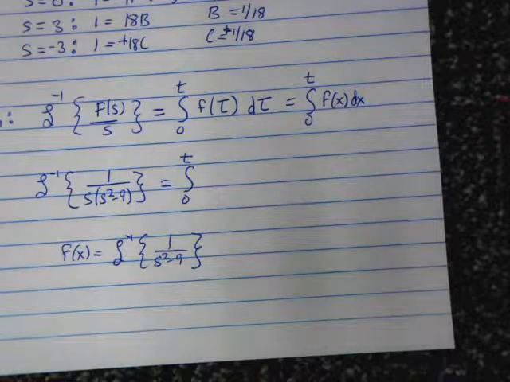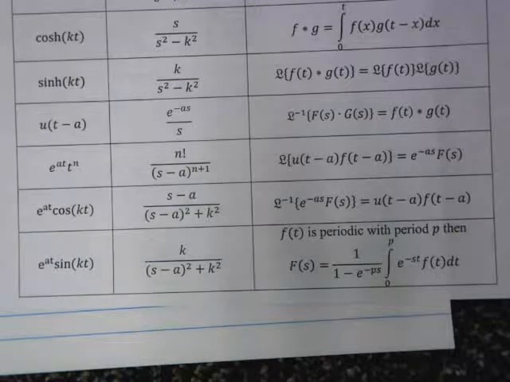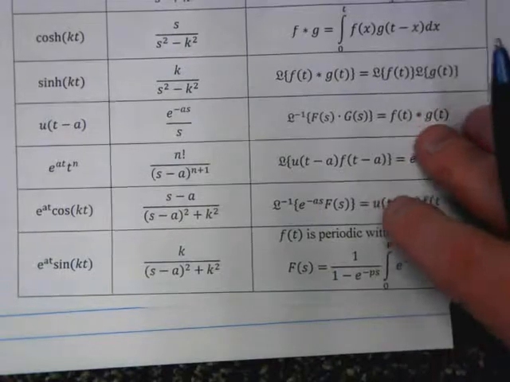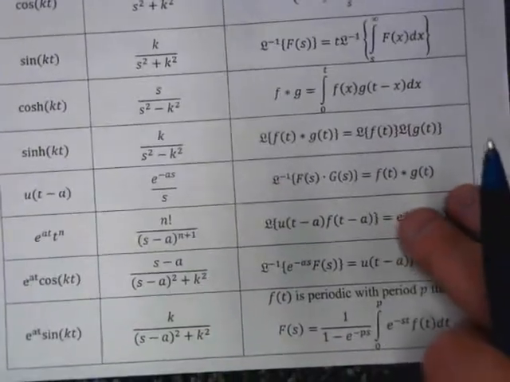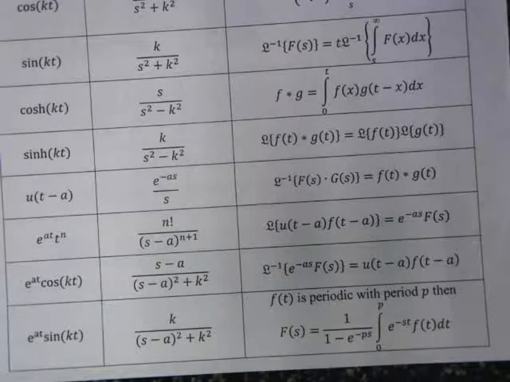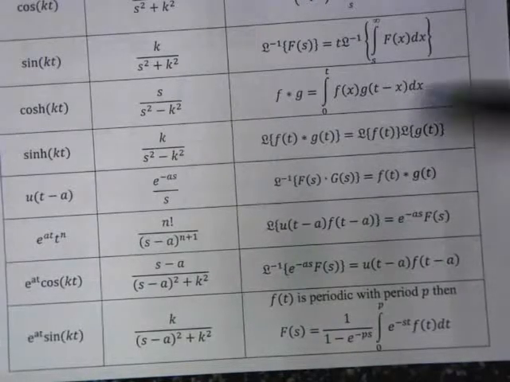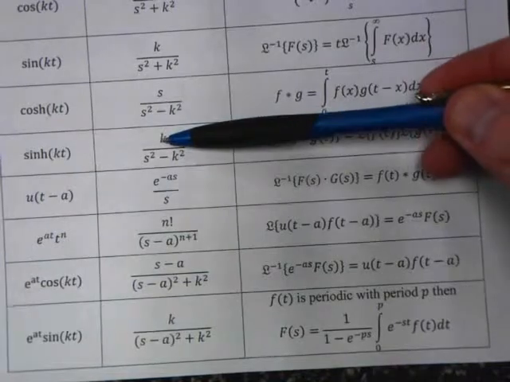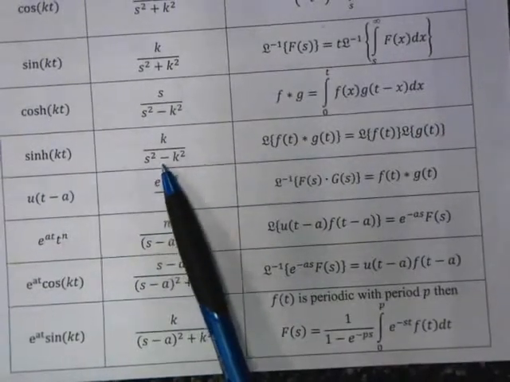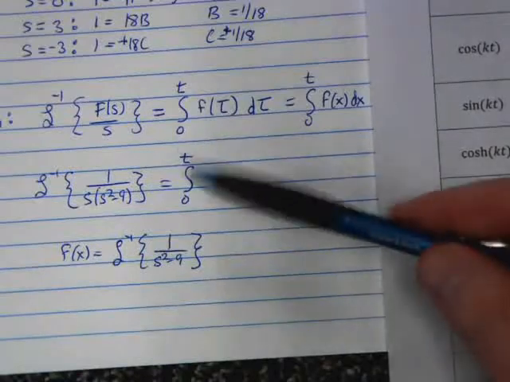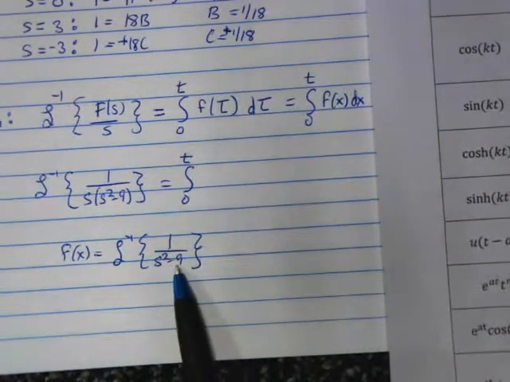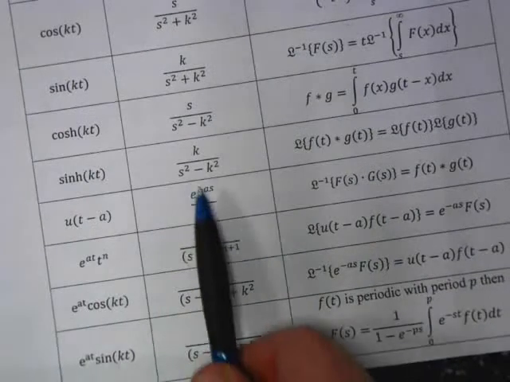So what's the inverse Laplace transform of 1 over s squared minus 9? We have a number on top and s squared minus k squared, so that's hyperbolic sine.